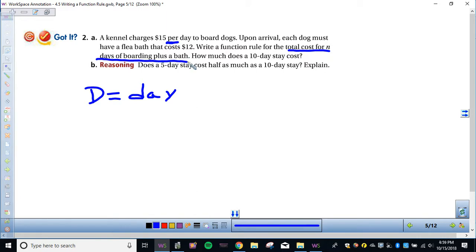So N days of boarding plus a bath. So that bath, which costs the $12 here, that's a one-time cost. They don't have to give the dog a bath every single day, just when they come in to the boarding kennel.